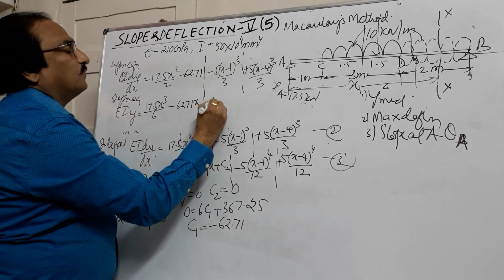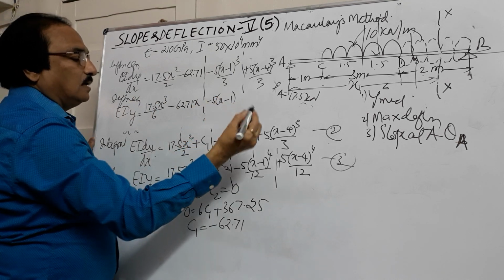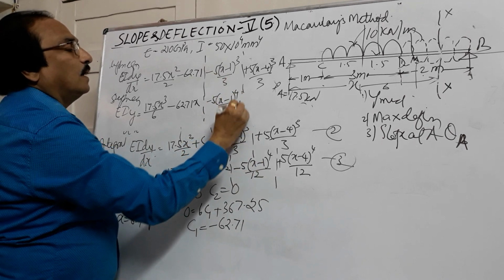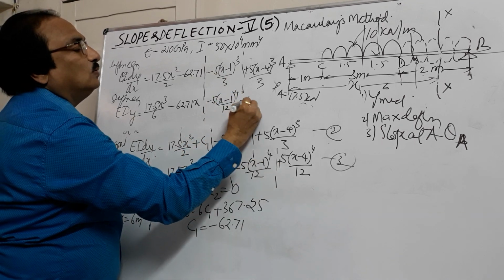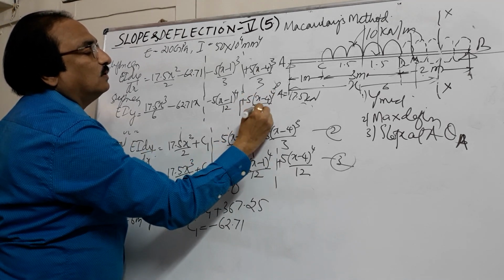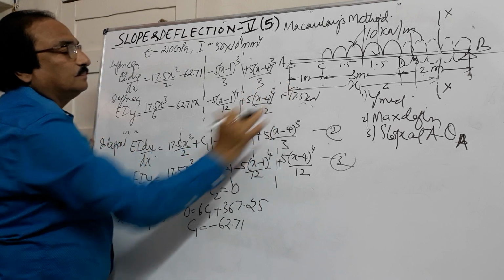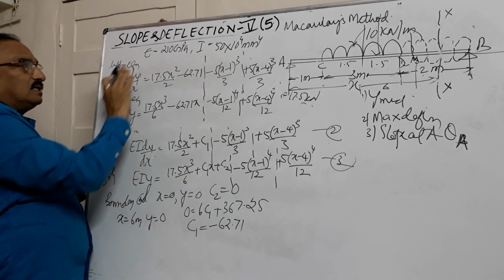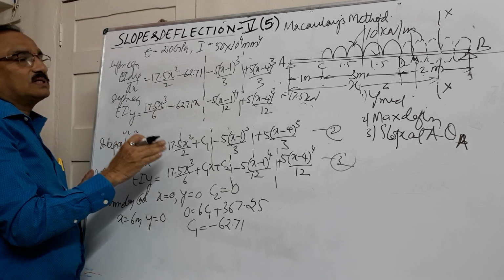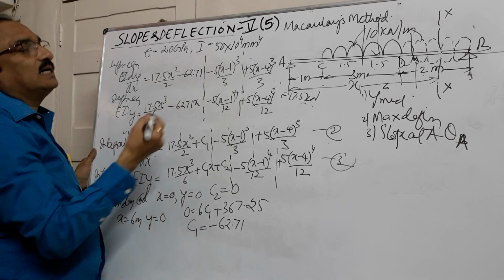Then minus 5 into (x minus 1) raised to 4 divided by 12 plus 5 into (x minus 4) raised to 4 divided by 12. So we got the general deflection equation and slope equation. Using these equations, you can find the slope and deflection at any point.